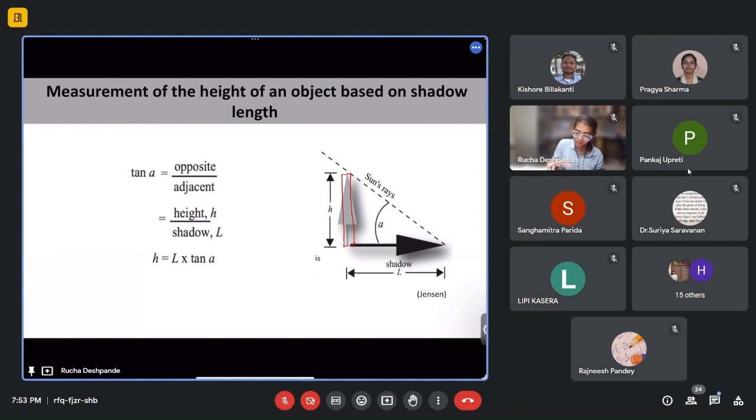But if we have information about the sun's angle, so the sun would be somewhere here, and we have the shadow length from the photograph, in that case also we can calculate the height of the object.